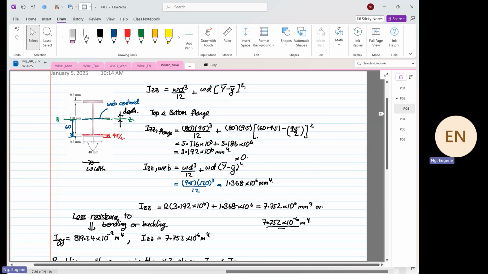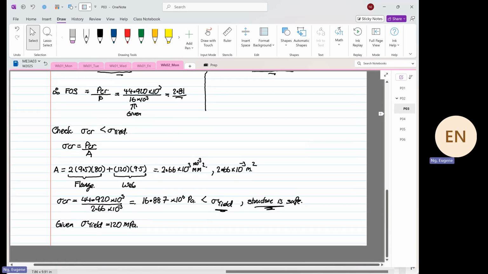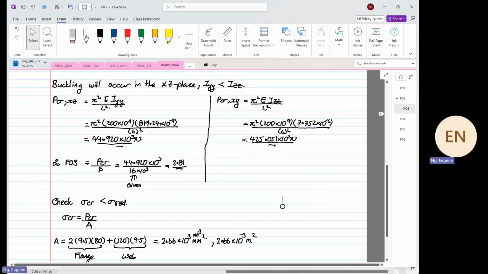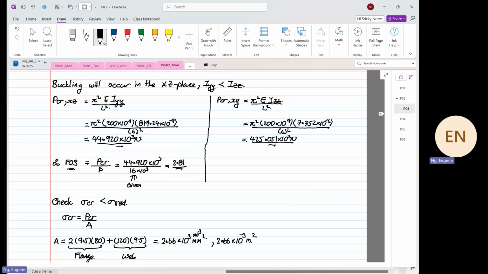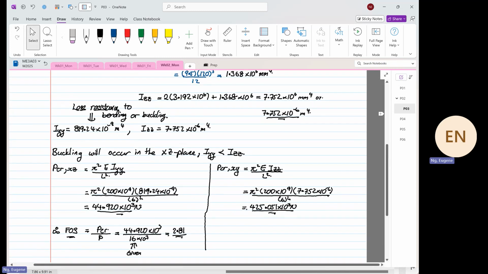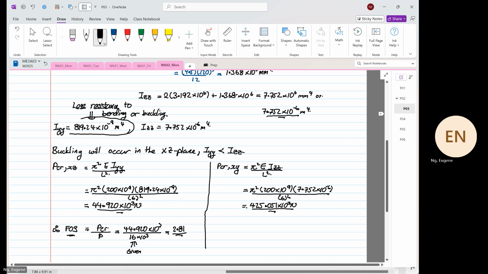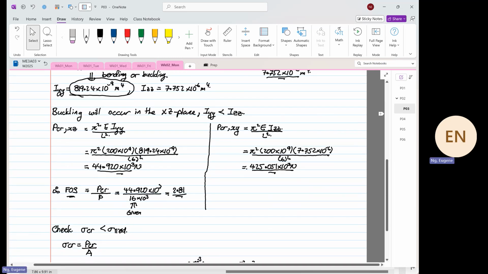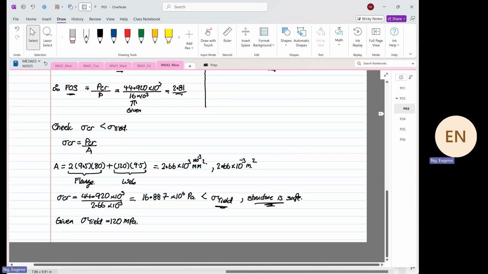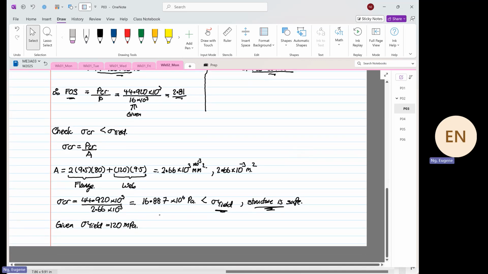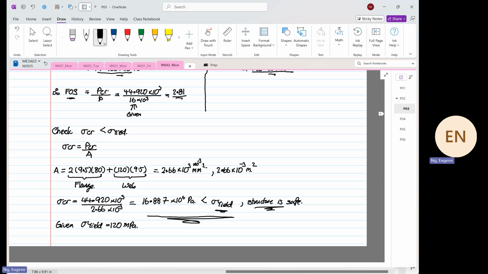Then more important, once you have calculated your critical load, your factor of safety is your critical load divided by P. And which second moment of area to choose? The one to choose is the lower one. Are we clear? And then again, we have to check to ensure that the critical stress is less than the yield stress. Are we clear?